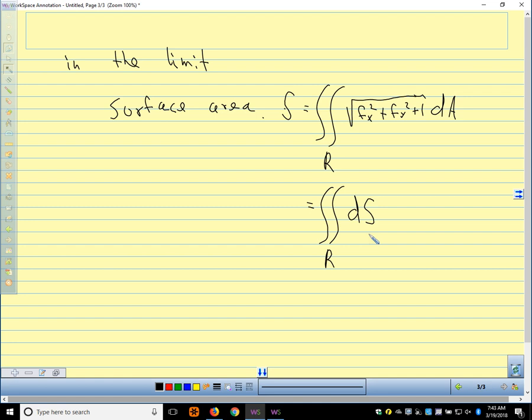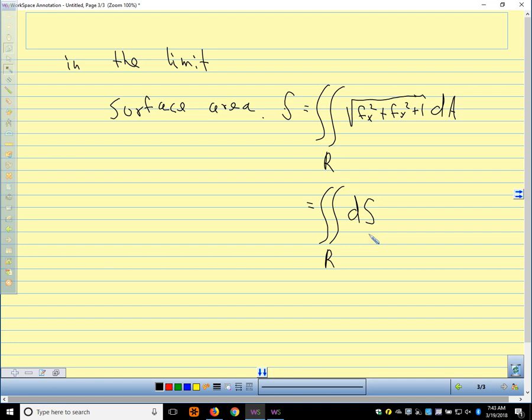Isn't that the normal vector to a surface z equals f of x, y? So really what we're doing is integrating the magnitude of the normal vector of that surface over the entire surface. The magnitude of the normal vector is telling us something about the area of the surface. The magnitude of the cross product as an area is what we're integrating.